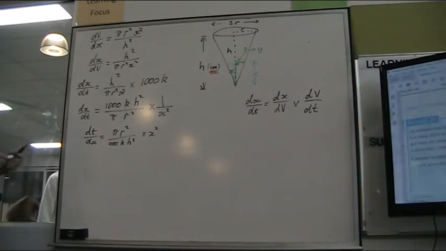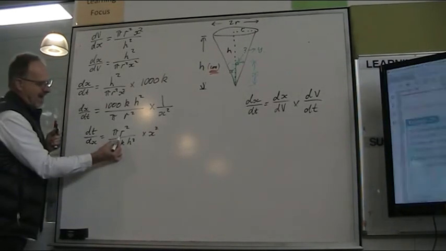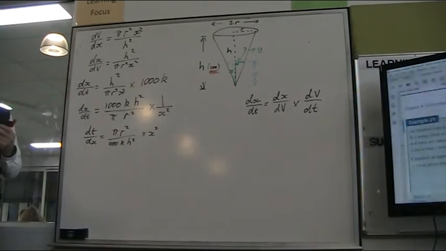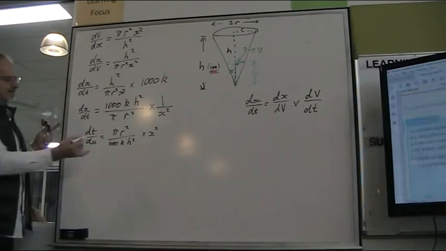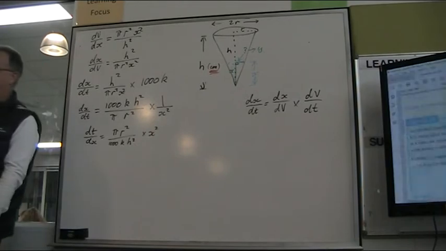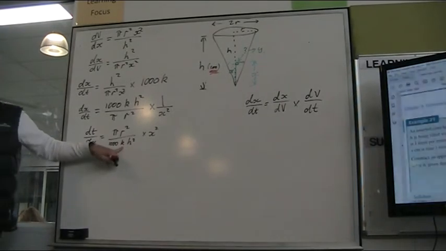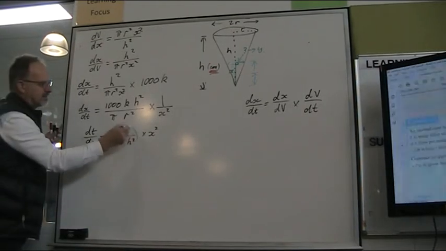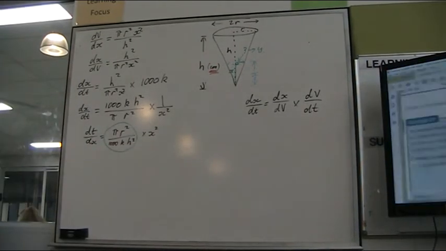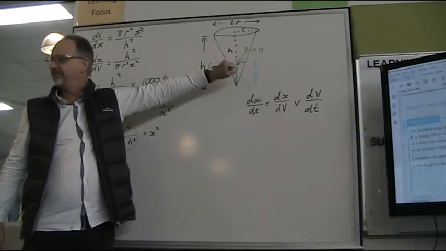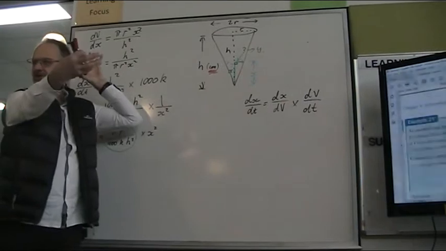So remember, as I said before, even though this has got R, H and K in it, those three things are fixed. So the R and the H are the dimensions of our big cone, so that doesn't change. And the K is the rate that the water's coming in, again that doesn't change, so we consider all of this to be a constant. What's changing is the volume of the water, the depth that the water is. That's what's changing, not the cone.